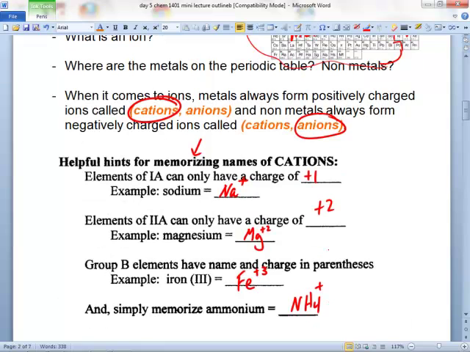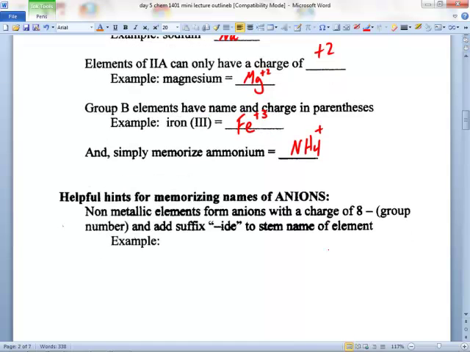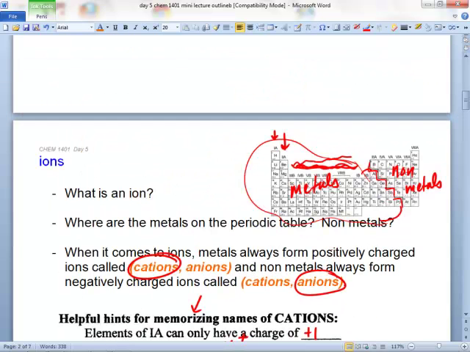Okay. So that takes care of all the cations, for the most part. Now we've got some anions, the negatively charged stuff. If you remember the trick, it's not so bad. First off, there's not much of this periodic table left to worry about.